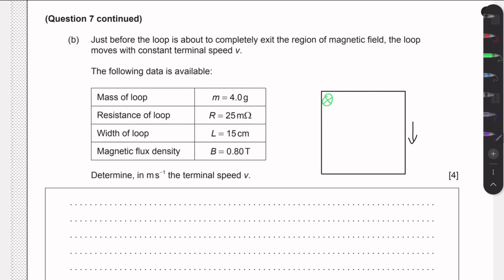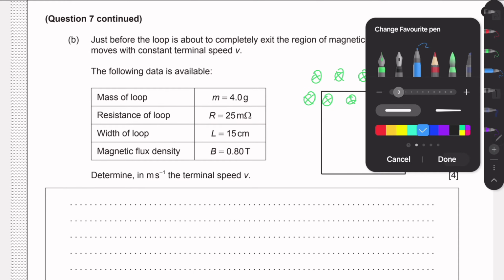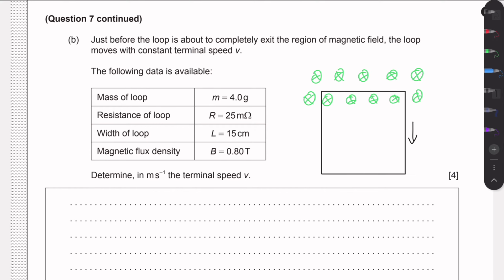So that means that the magnetic field lines are like this, just above it. If we have something moving at terminal speed, that suggests that there is no net force, as if there would be a net force, then it would be accelerating and wouldn't be moving at a constant speed. But since it's moving at a constant speed, there must be no net force.